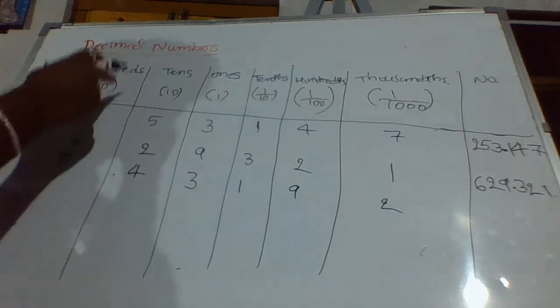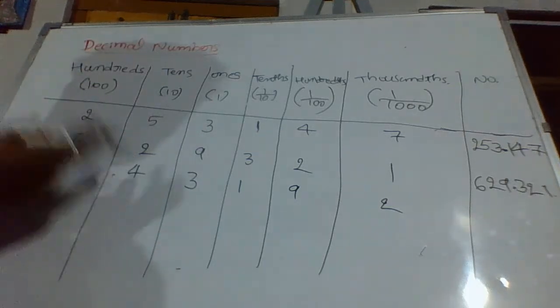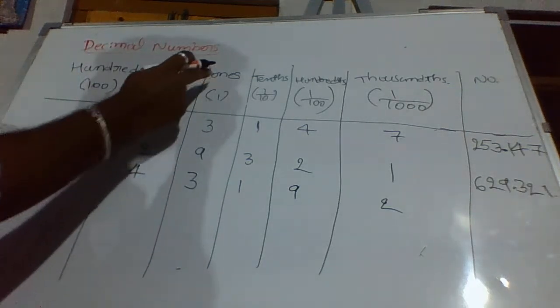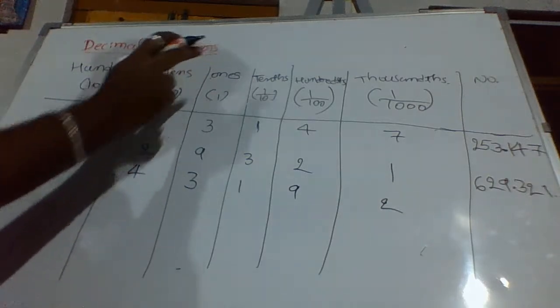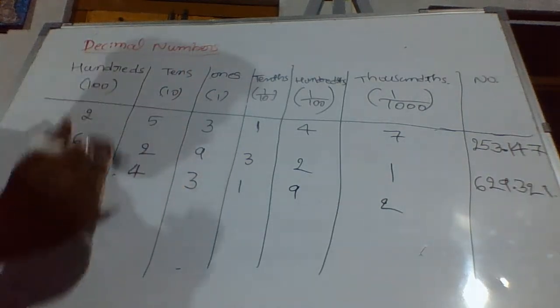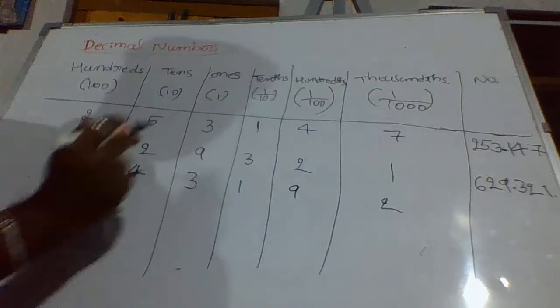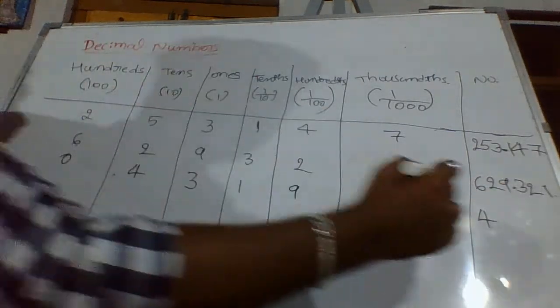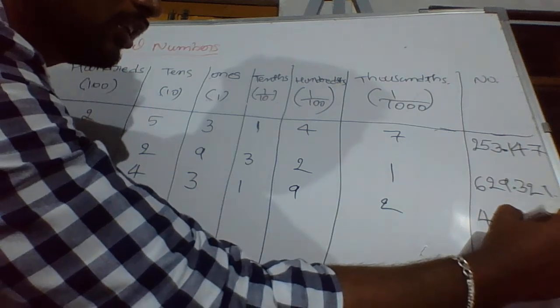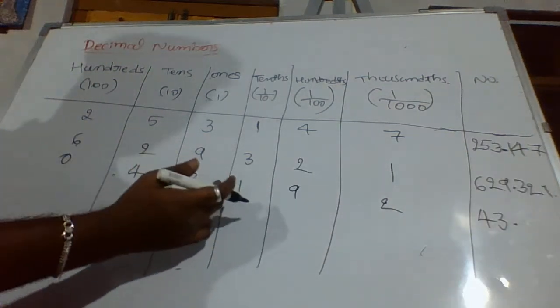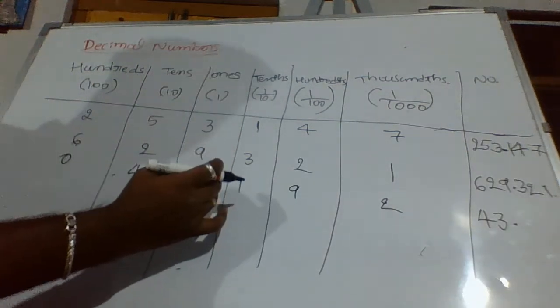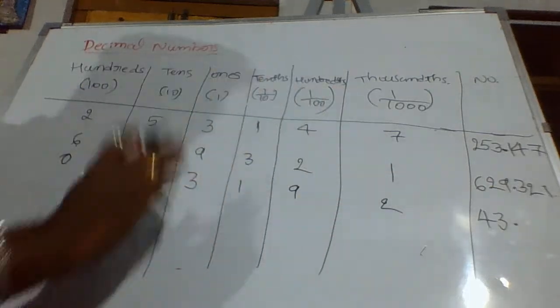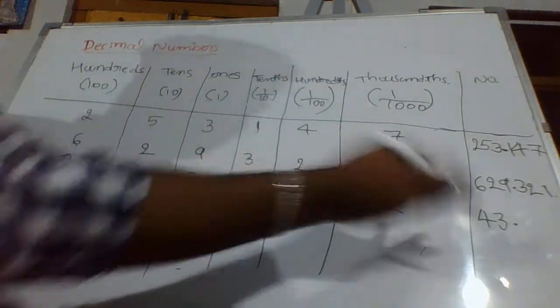Next, at the tens position what number are they given? 4, and at the ones or units position they are given 3. Therefore we can write 43 point, because after this ones position the decimal numbers will come, these numbers will come after the decimal point.